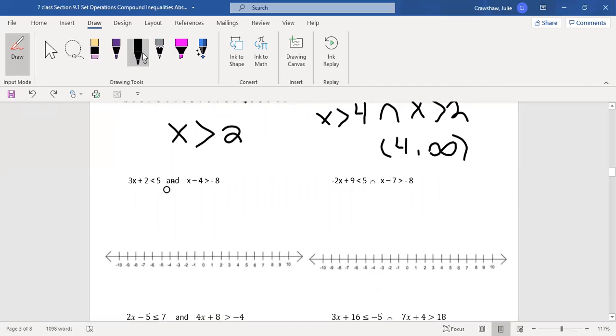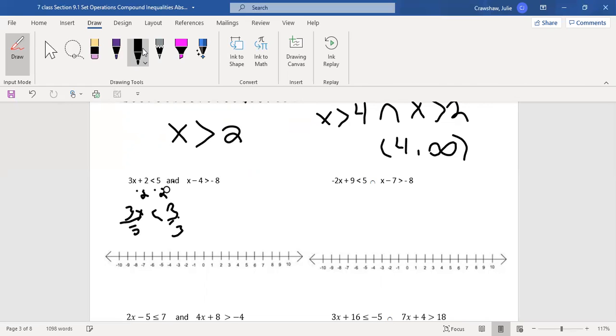So I have to isolate the variable on each inequality. So I'm going to minus my 2 on both sides. And I have 3x is less than 3. And then I'm going to divide by my 3.